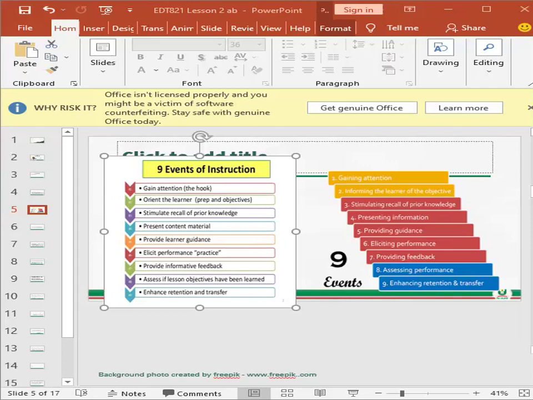That is stimulating recall of prior knowledge. Though we are capable of having our creative minds, it's much easier to build on what we already know, reminding learners of prior knowledge relevant to the current lesson. Provide the learners with a framework that helps learning and remembering.